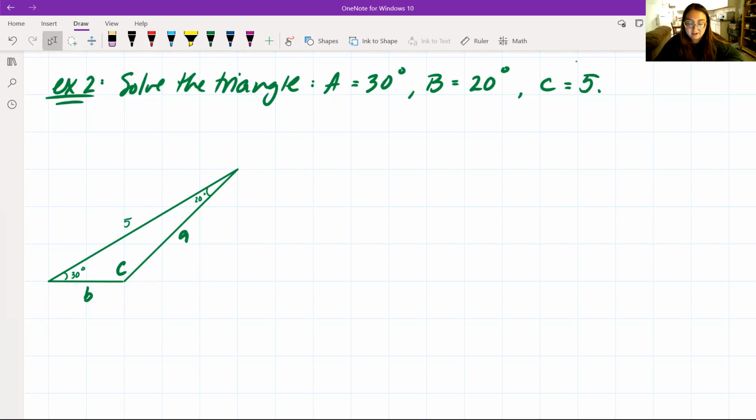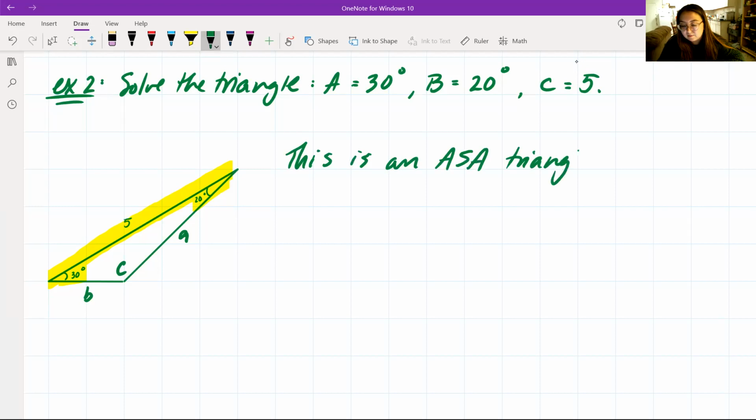Well, let's just go ahead and look at our triangle first. So we have this length 5, and we were given our 2 angles that correspond to the 2 corners of our length 5. This indicates that we have an angle side angle triangle. So this is an angle side angle triangle.